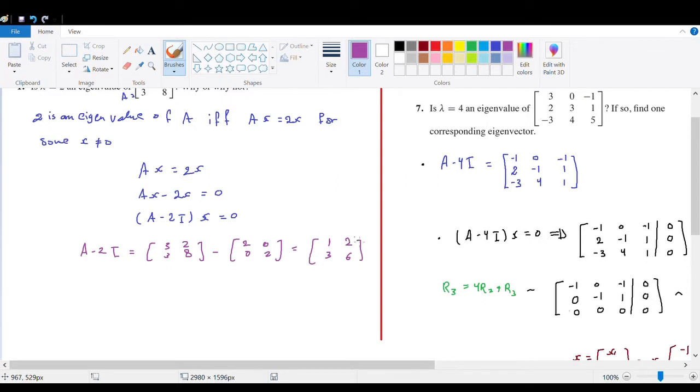So the columns are linearly dependent, and this equation Ax minus 2x is equal to 0 has a non-trivial solution. That means there exists x such that Ax is equal to 2x. And so from here we conclude 2 is an eigenvalue of A. So let us write here: the columns are linearly dependent, so hence (A minus 2I)x is equal to 0 has a non-trivial solution.